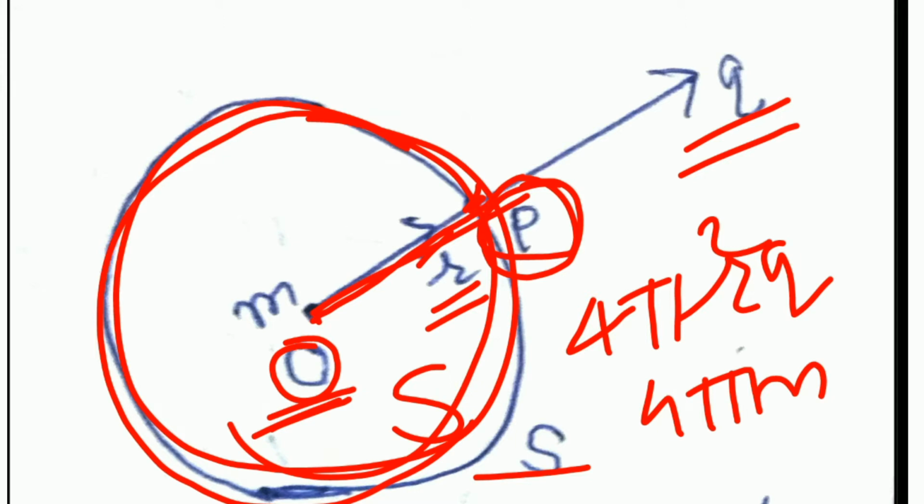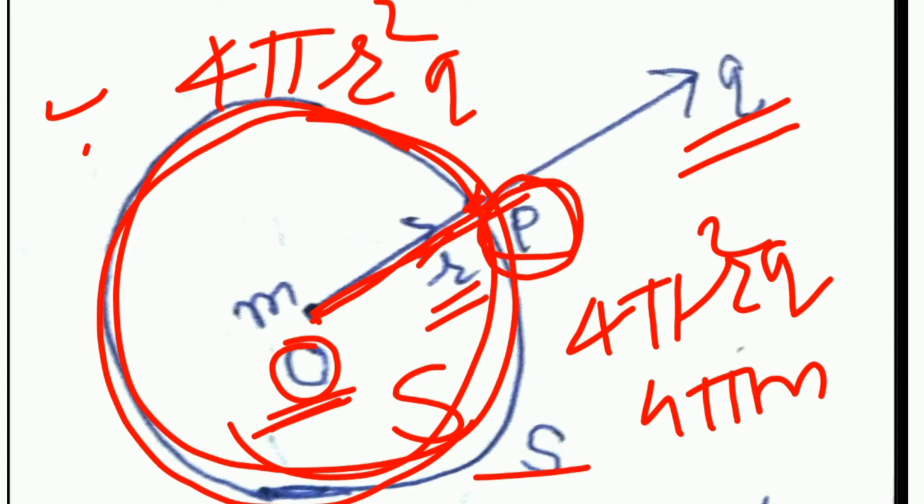Since the fluid is incompressible, these two are equal from considerations of continuity, that is 4 pi r square q is equal to 4 pi m.